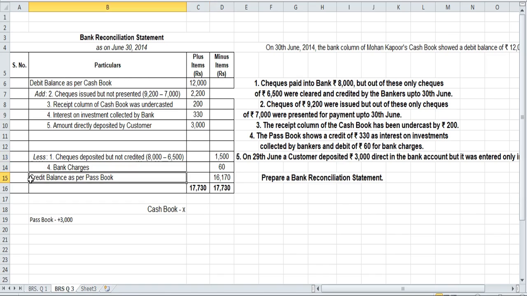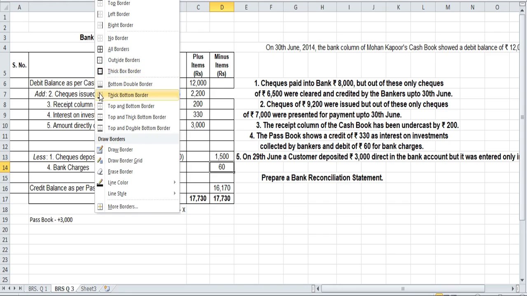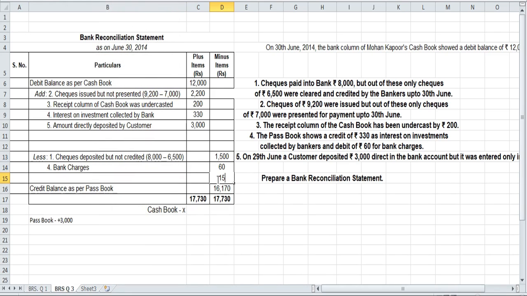Okay, so for you all to understand it more easily, these two, if we add, it is coming to 1560. Okay, so this one and this one we have minused.